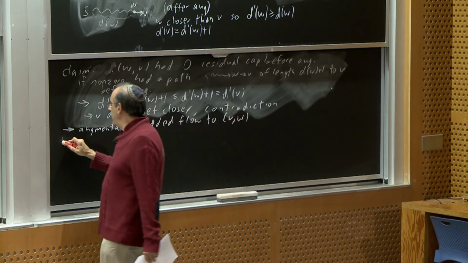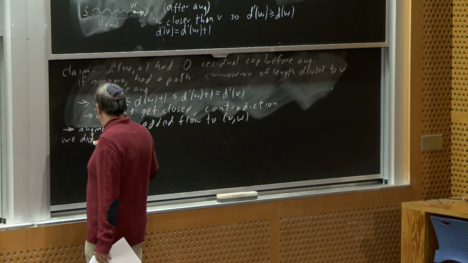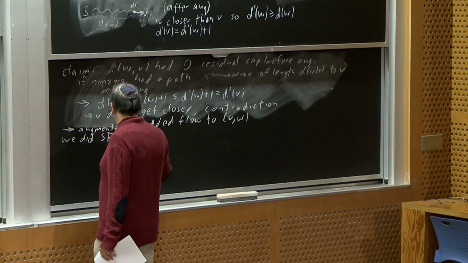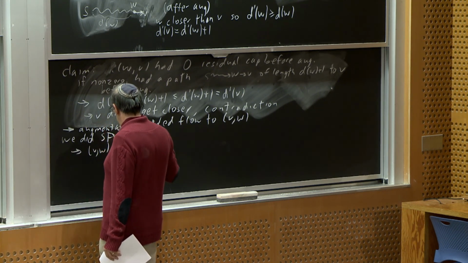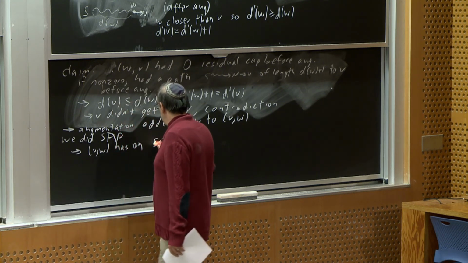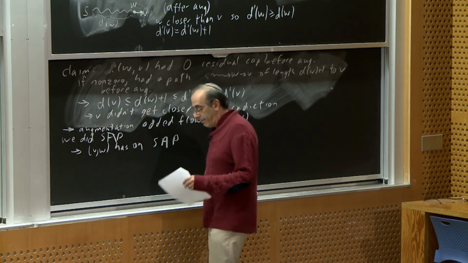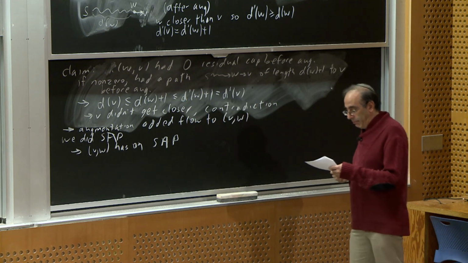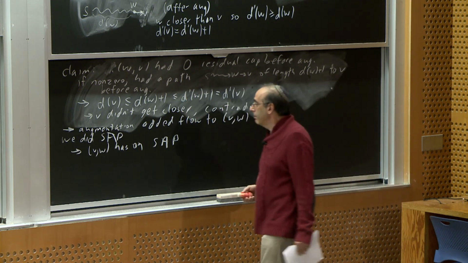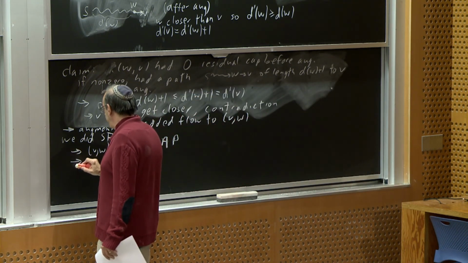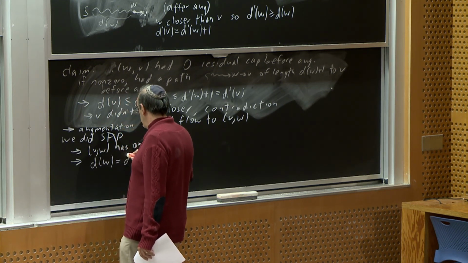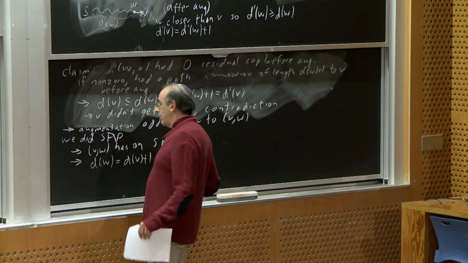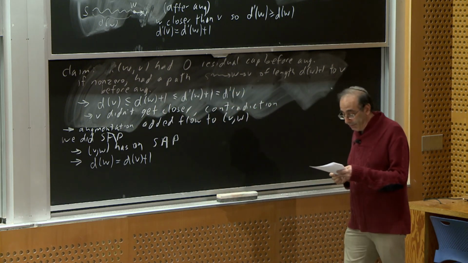Well, we did a shortest augmenting path, which means that VW was on the shortest augmenting path. Right? But that means that the distance of W before the augmentation was equal to the distance of V plus 1.